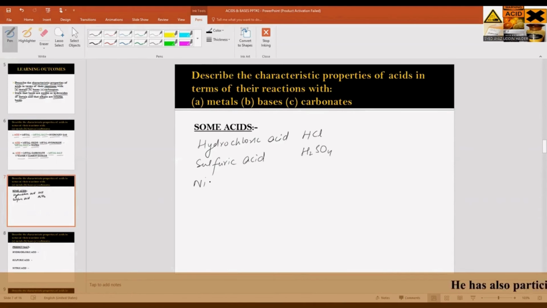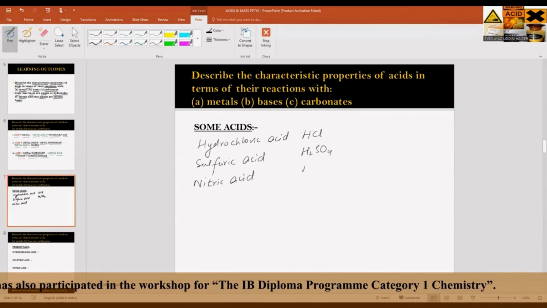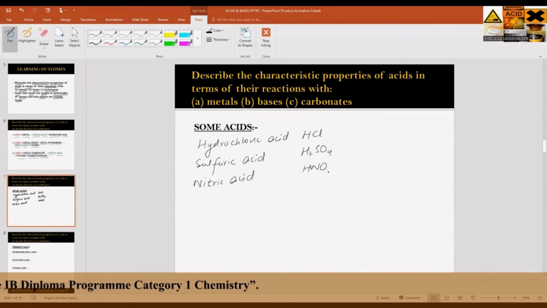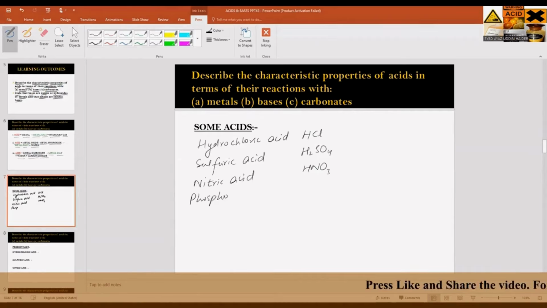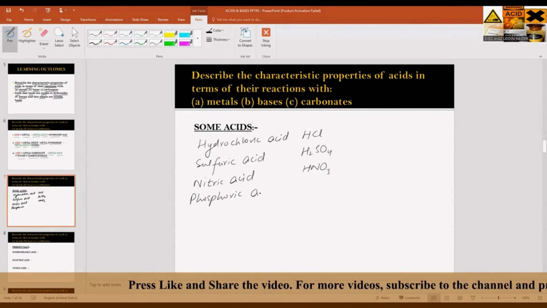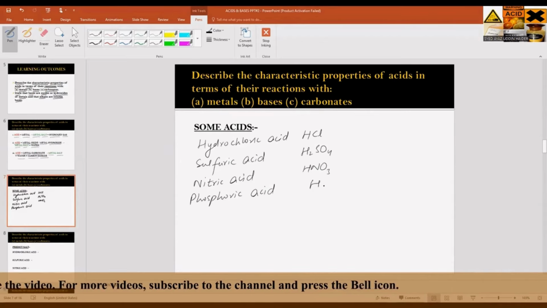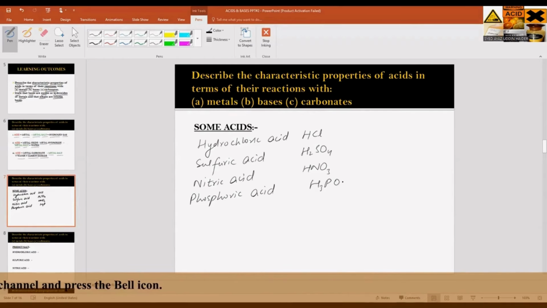Nitric acid, HNO3. Phosphoric acid, H3PO4, and there are other acids also.